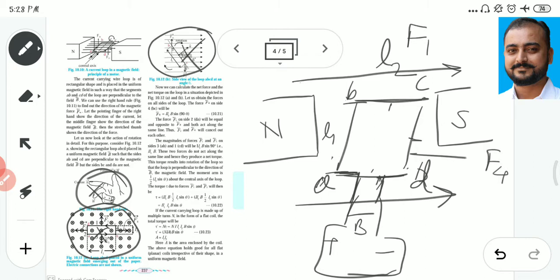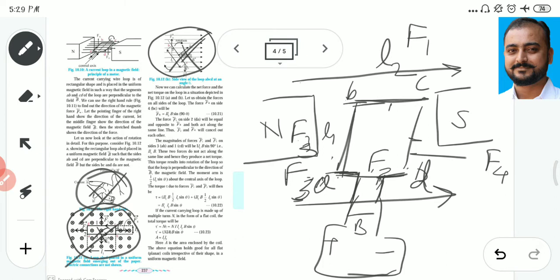Force acting on AD is F2. And force acting on the remaining side AB is F3. Just make the notations like this in your diagram. No need to draw these more figures here.